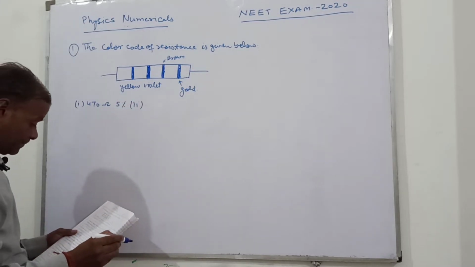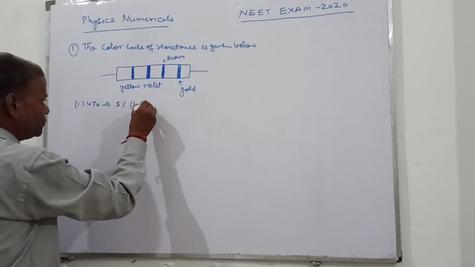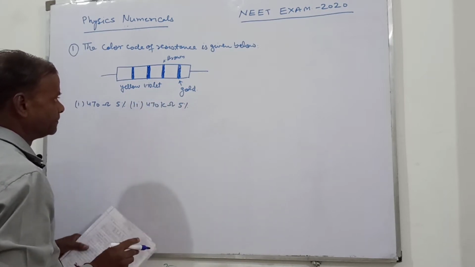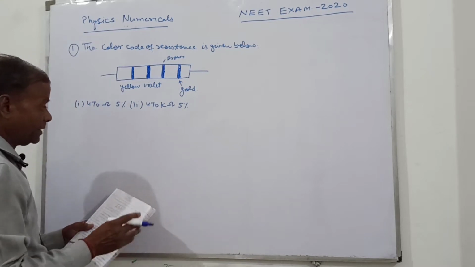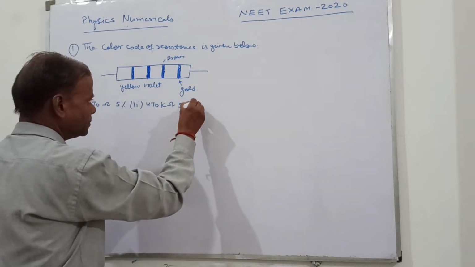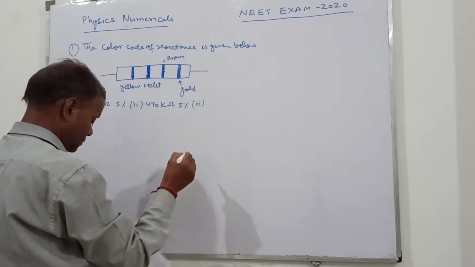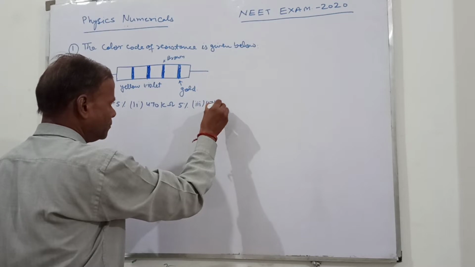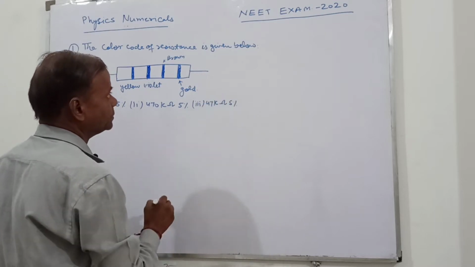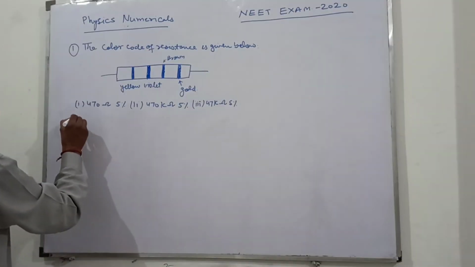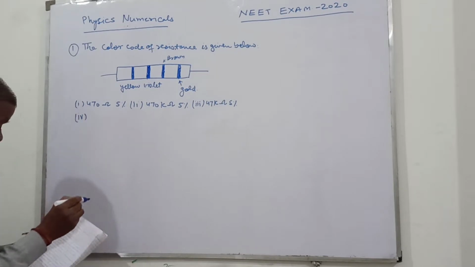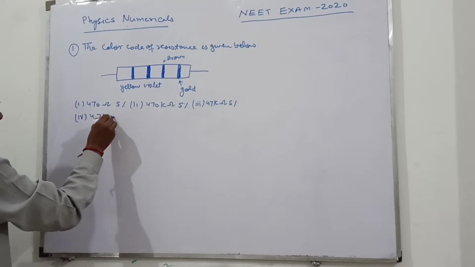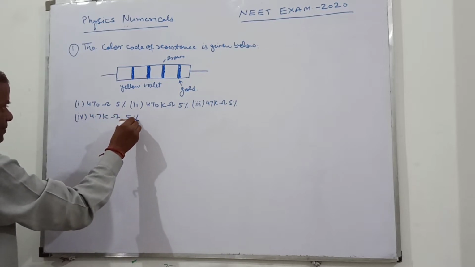Second option is 470 kilo ohm 5%. Third option is 47 kilo ohm 5%. And now your fourth option is 4.7 kilo ohm 5%.